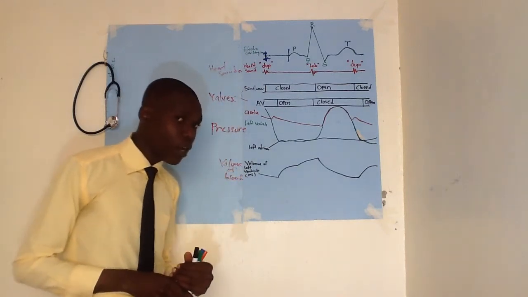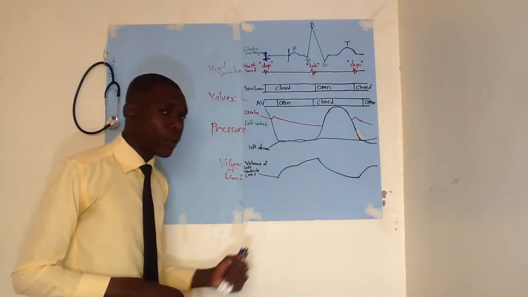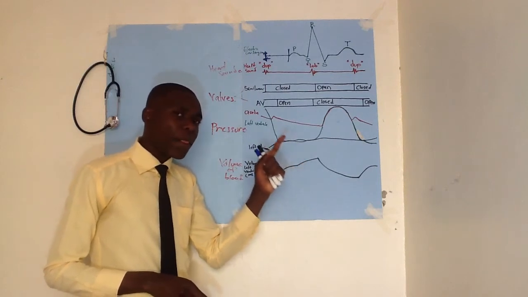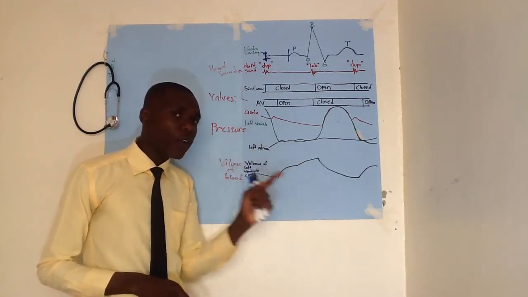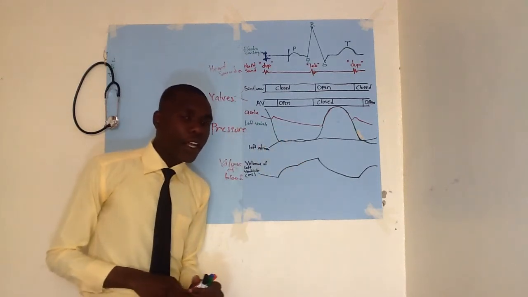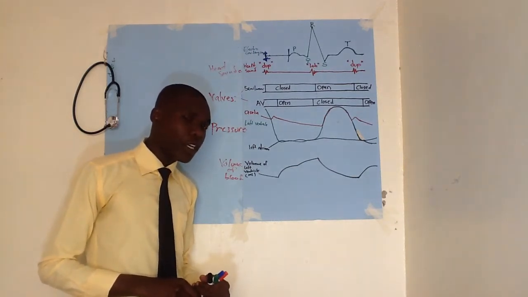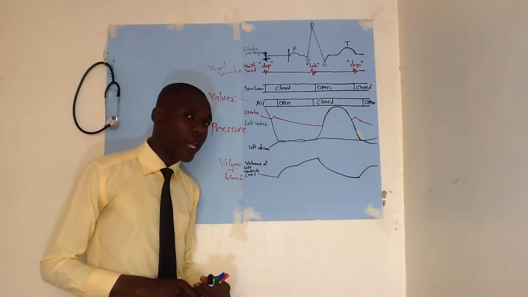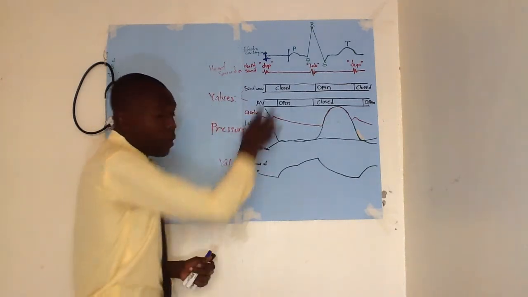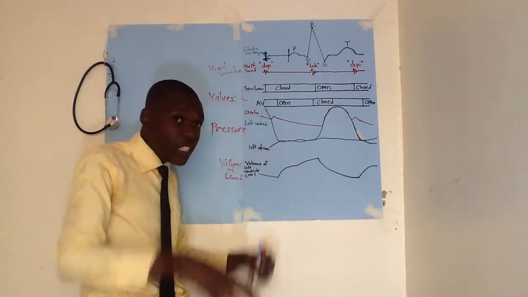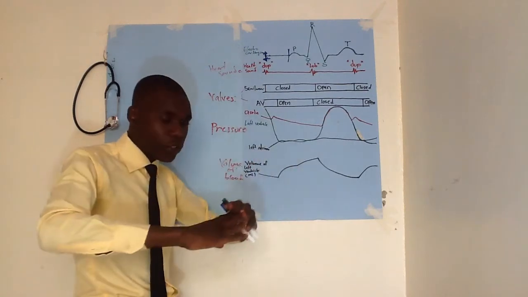Valves in the arteries, that is both the pulmonary arterial semilunar valves and the aortic valves. So it will prevent that. As that regurgitation is being prevented, it will shut those valves close.